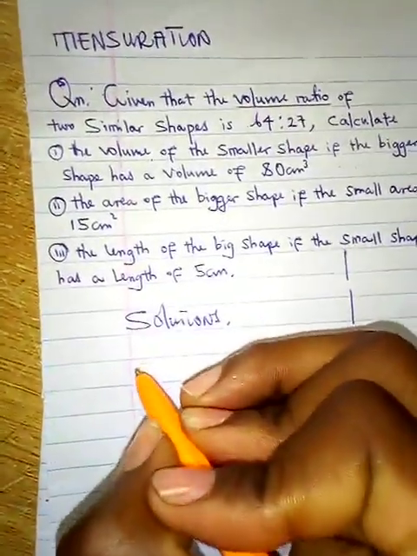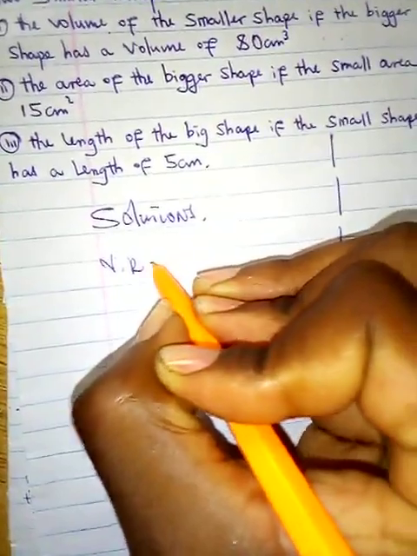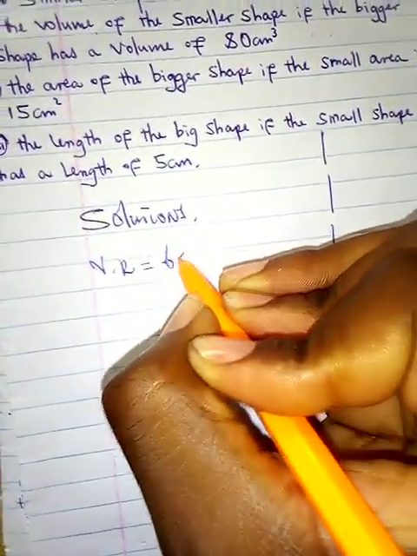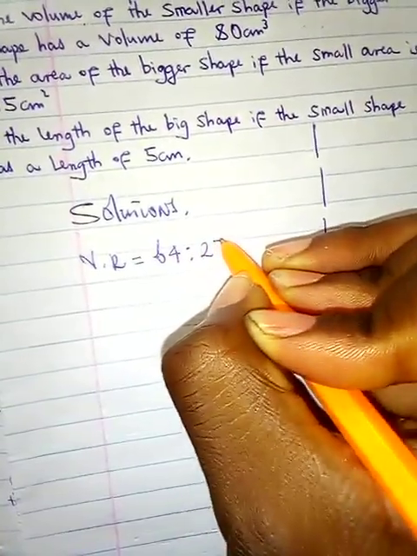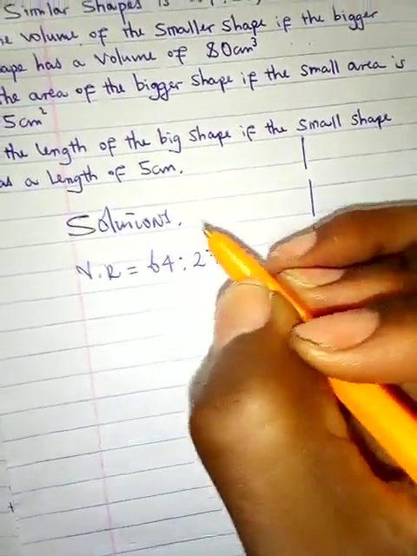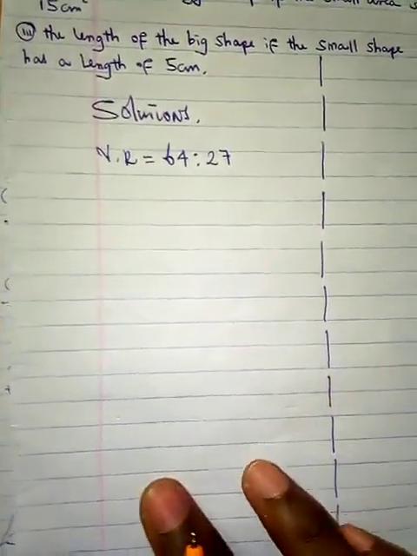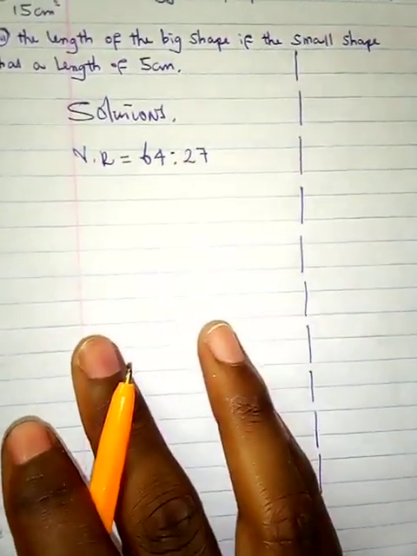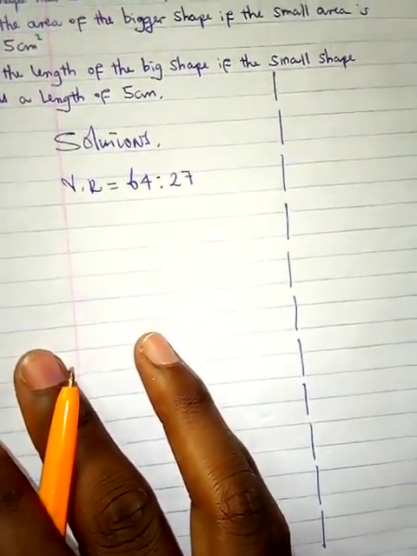So your volume ratio has been given to be 64 to 27. Just by looking at it, I'm sure there is no number that can go into 64 and 27 without leaving a remainder.